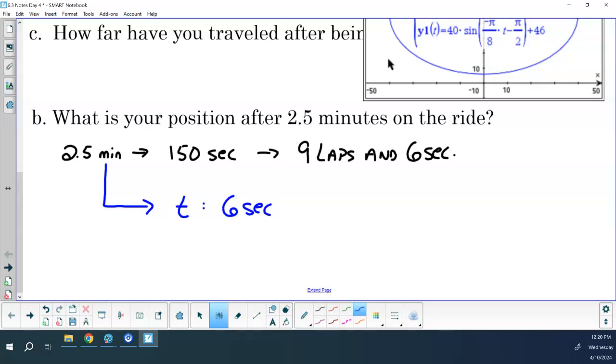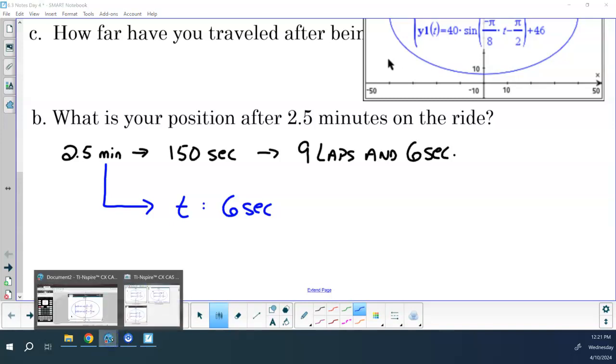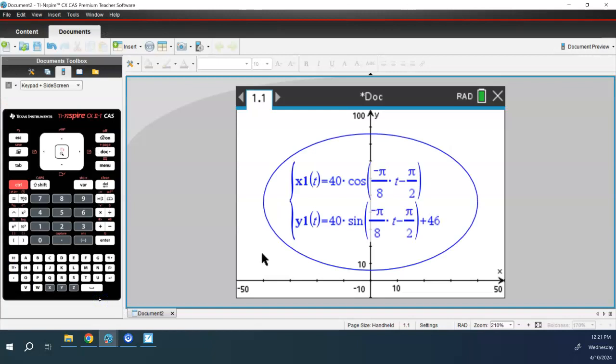Would you agree? Could you not just change the t-value to 100 and trace all the way up to 150, or type in 150? Yes, but I can't do that if we left it at 17, because it wouldn't calculate it since it doesn't know what it is. You could just change it? Correct. So what we're saying here is we need to menu, trace, graph trace. There's us loading at the bottom.